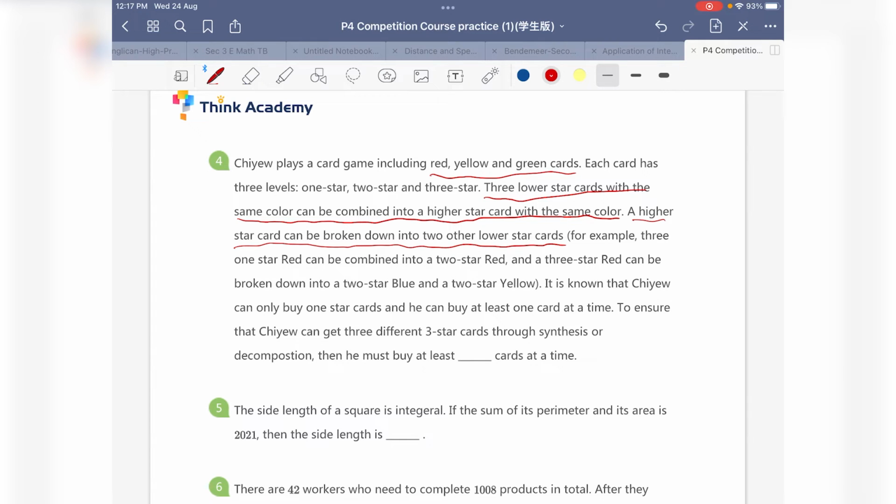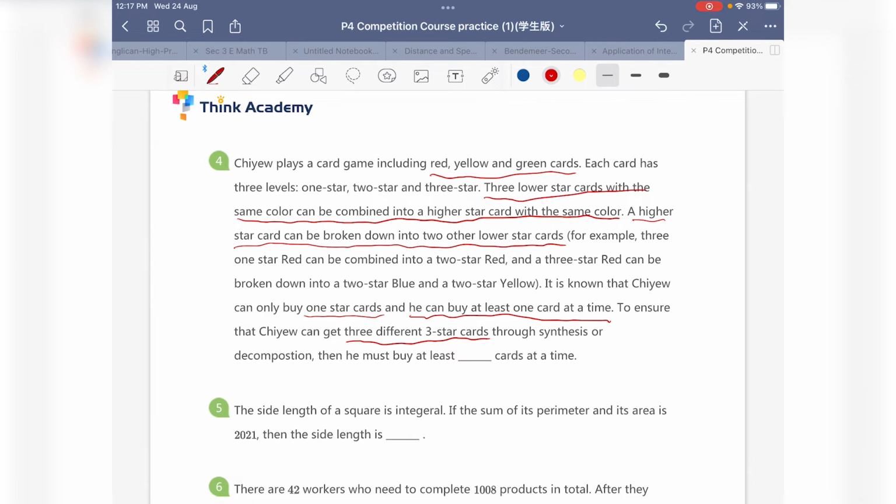So it's known that Chi Yew can only buy 1 star cards, and they are dispensed randomly, because of course I can buy at least 1 card at a time. In order to ensure that teacher Chi Yew can get 3 different 3 star cards, that is the red 3 star, the yellow 3 star, and the green 3 star, through synthesis or decomposition operations, then I must buy how many cards?